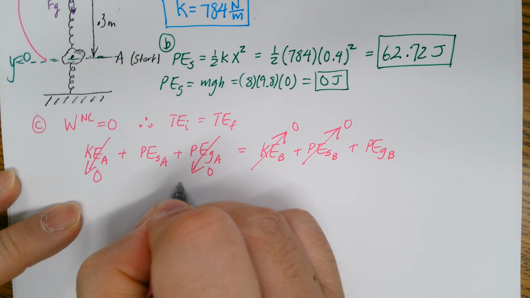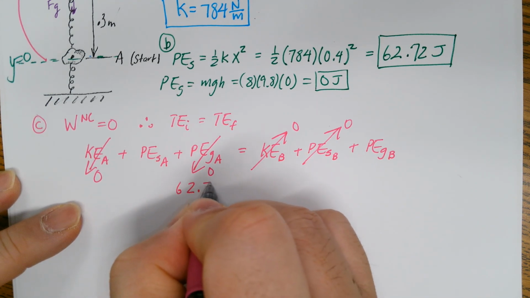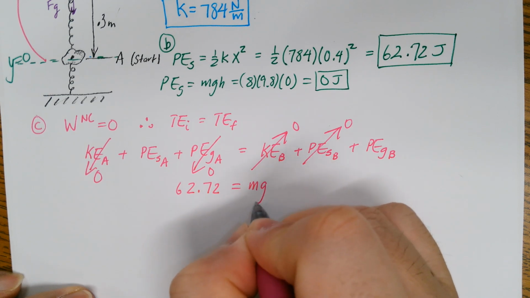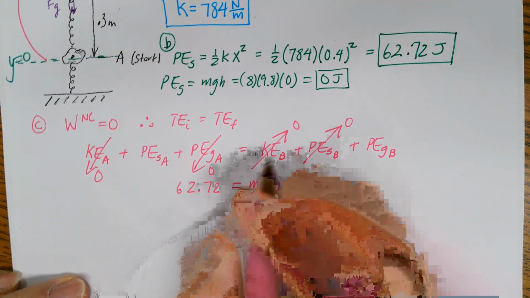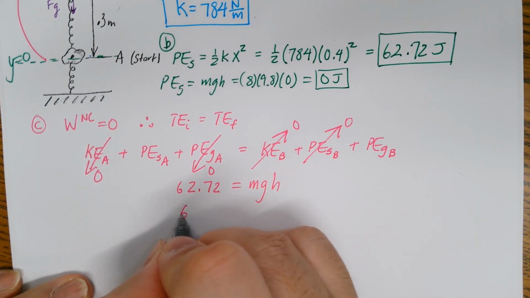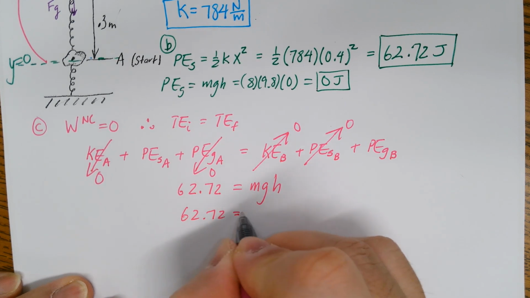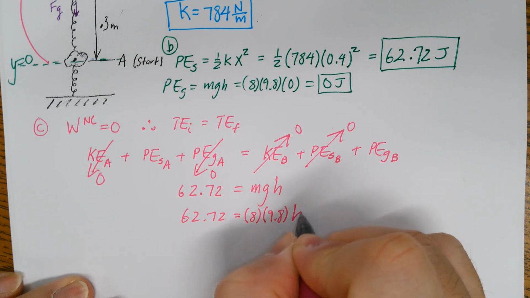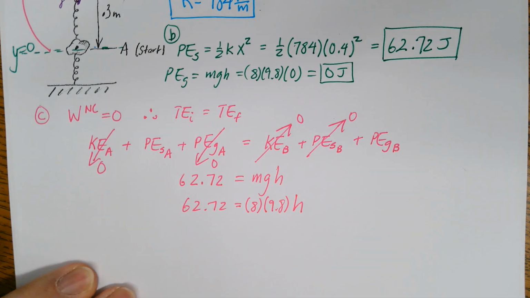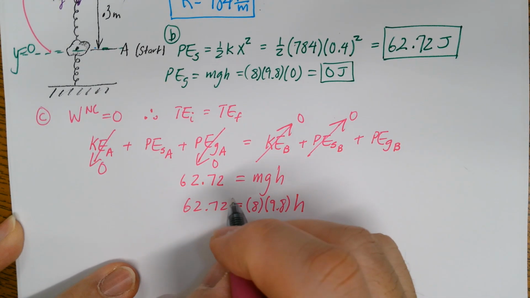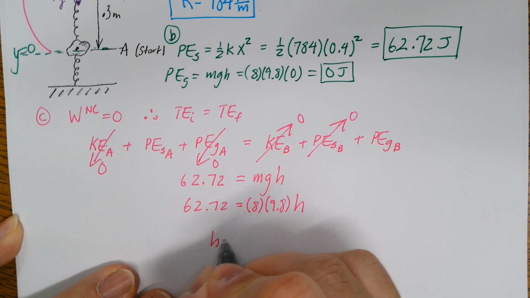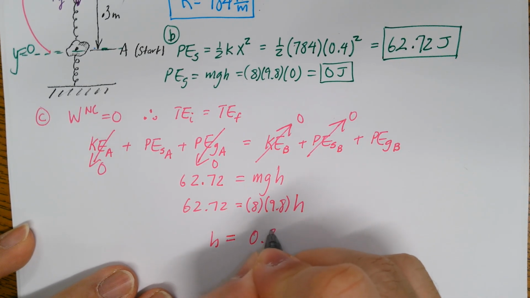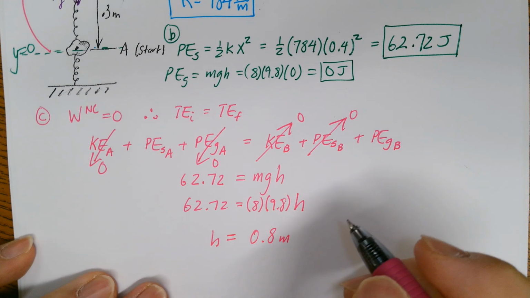This is 62.72, which is equal to mgh. So 62.72 is equal to 8 times 9.8 times h. If you solve for this, I believe your h comes out to 0.8 meters.